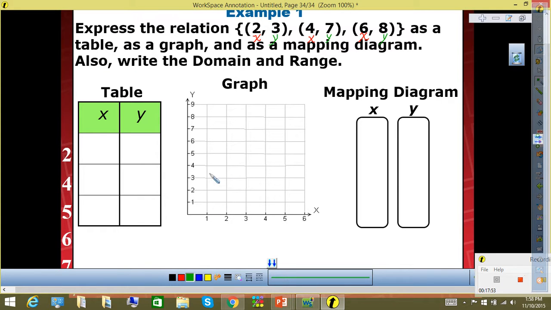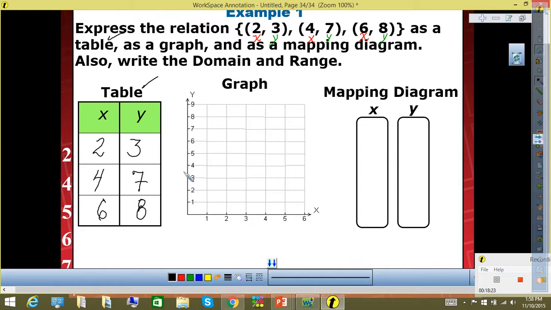Now that I have them labeled, now I know where they go here on my table. So, for the first coordinate, x is 2 and y is 3. The next one, x is 4, y is 7. And the last one, x is 6 and y is 8. I'm done with the table.